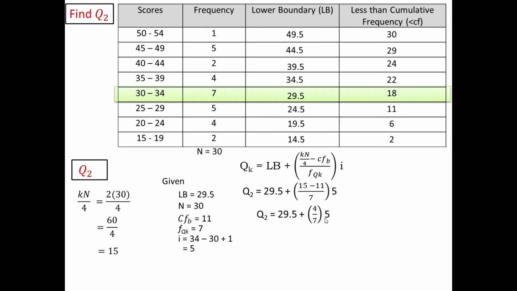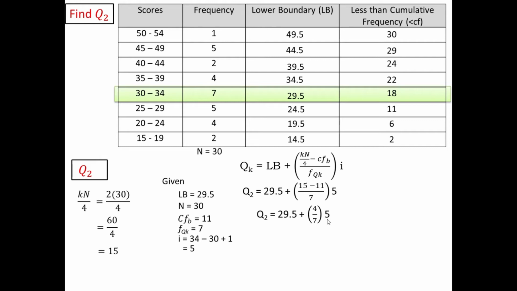Dito, pwede na divide mo si 4 by 7 tapos i-times mo kaagad sa 5. So, 4 divided by 7 times 5. Dito kasi, medyo mahaba yung magiging sagot natin. So pagka ganun, i-round off mo muna siya sa 4 decimal places.